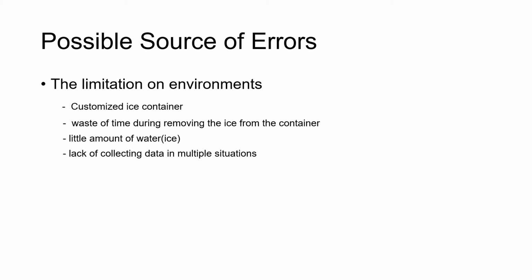With aluminum foil we can easily build the shape we want, but I doubt that it is the best material for the ice container. And also there was a waste of time during moving the ice from the container to the tray, and it wasn't measured, so that can be a factor.